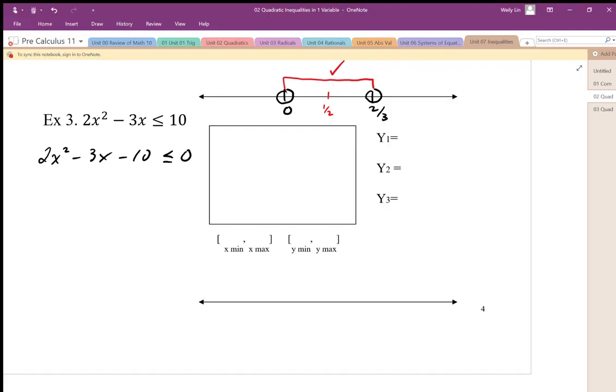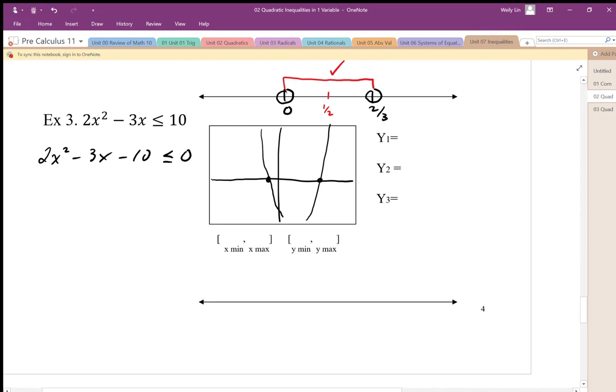So I end up with 2x squared minus 3x minus 10. I end up with a parabola that goes down and then comes up through here. If I look for my roots here, I have 2 roots.